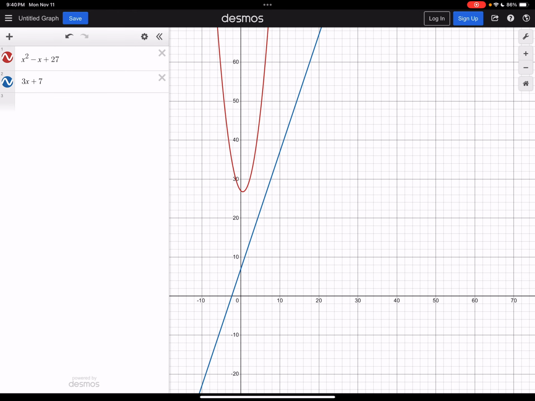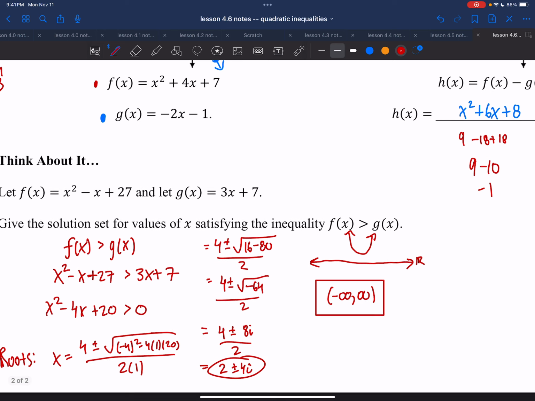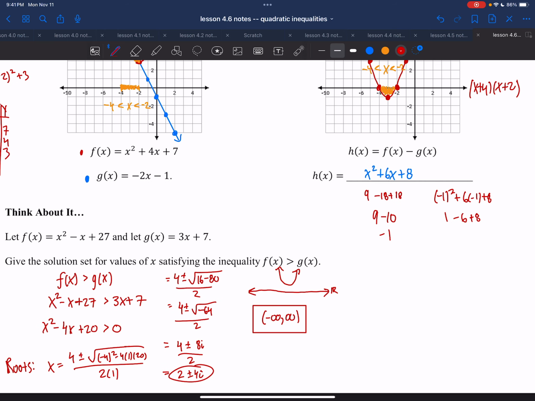And so, the roots are complex because these two functions don't meet at a real value. They just don't. And graphing them, you can see that the parabola is always above the blue line. So we would say that the solution set where f is more than g, which means f is above g, is all real numbers. And that would be the sort of justification to that.